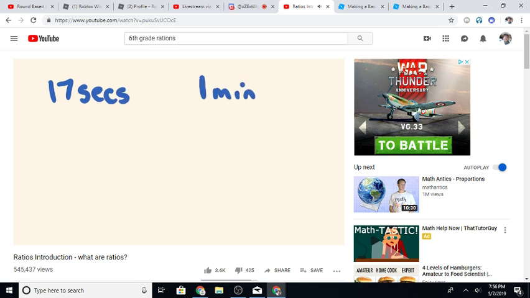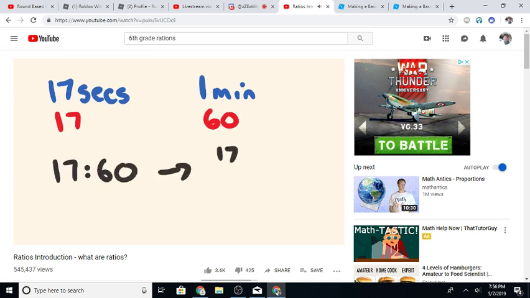Now, first off, to write this as a ratio, I need to change this. So I'm going to change this all into seconds, 17 seconds and 60 seconds here. So we'd have a ratio of 17 is to 60. We can also write this as 17 over 60. We can write this in a fractional form, and that's all that means, that ratios can also be written in a fractional form.